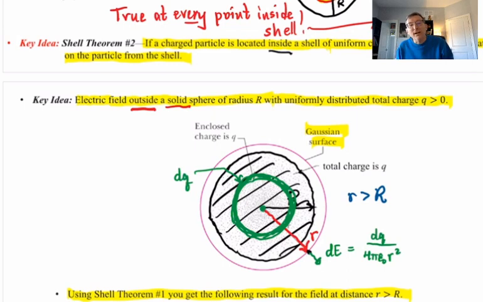Now that's that one shell. So you just do the same thing for all the shells, starting at the center and working your way out. But when you're done, you'll just have the total E at that point, and it'll be from the total charge.